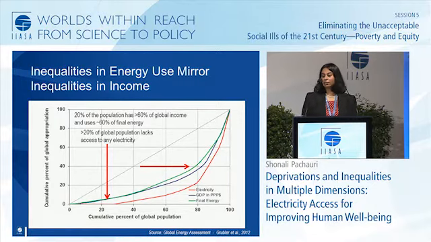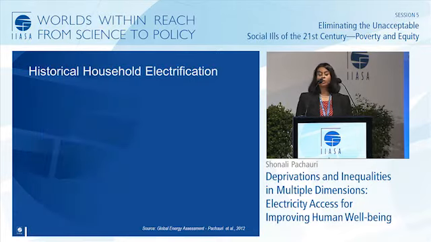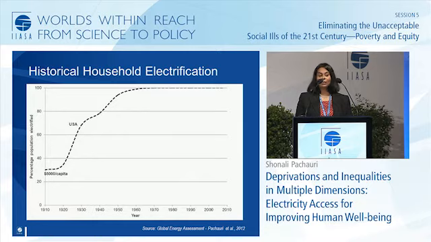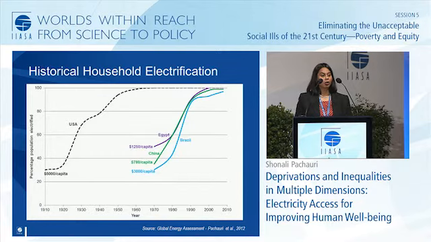And if we look at how historically electrification has occurred over time, again, we see that in one of the earliest countries to electrify their populations, the United States, this occurred basically over a period of 3 to 4 decades. Many of today's emerging economies started from a lower per capita income level, but also achieved this within a period of 2 to 3 decades.